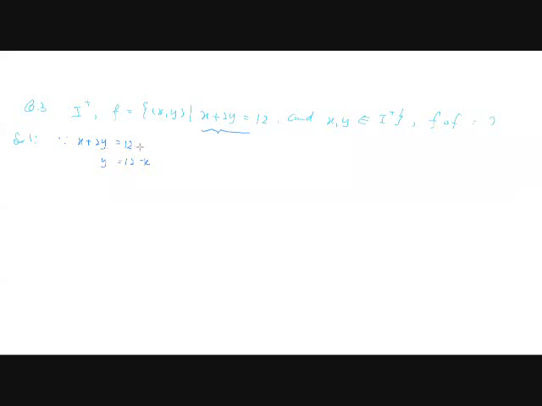So it becomes 12 minus x divided by 2, right? So we have y equal to this, which means f of x. And because they want to find f composite of f, they have a composite function, right?